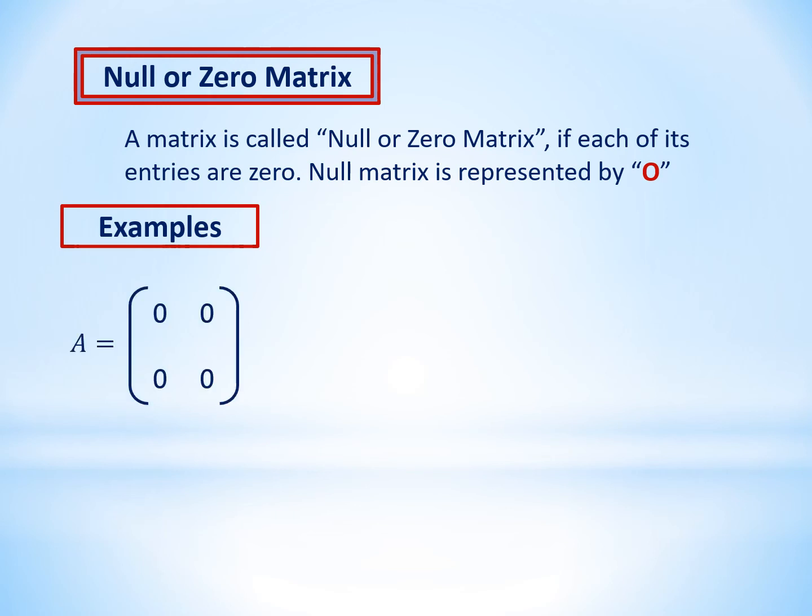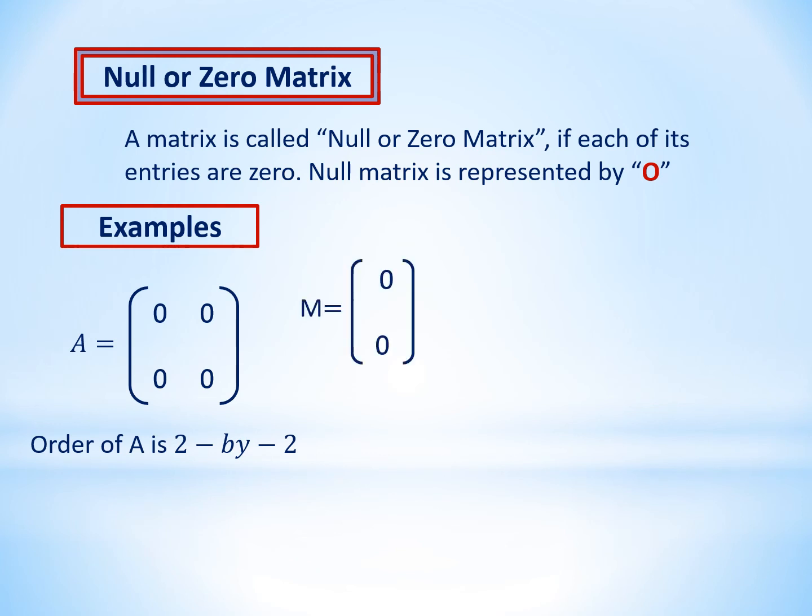For example, matrix A, all its entries, and here we are not observing its rows and columns. We are just observing that all its entries are 0. That's why this is a null or zero matrix. And its order is 2 by 2.